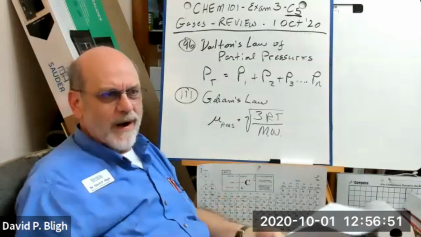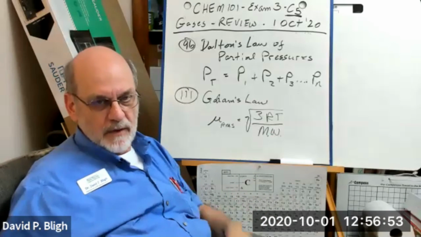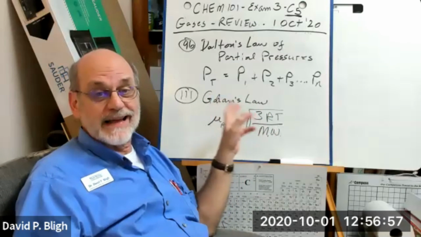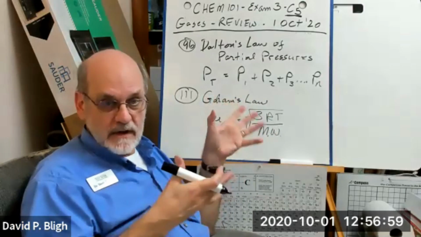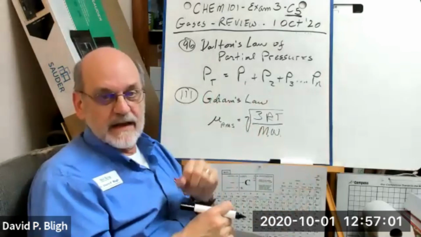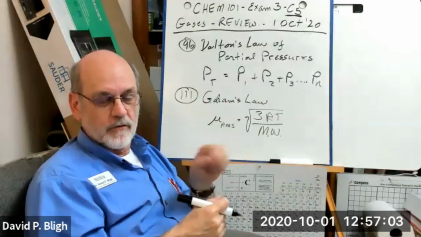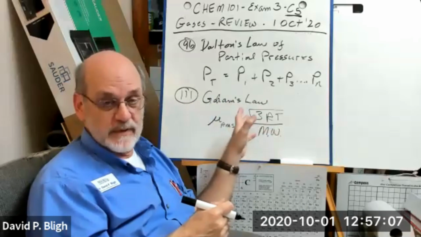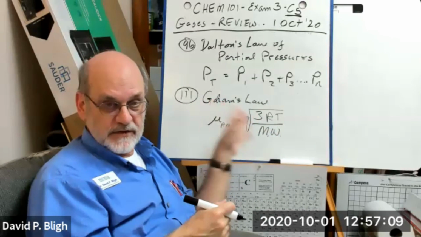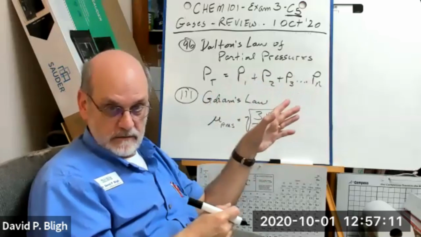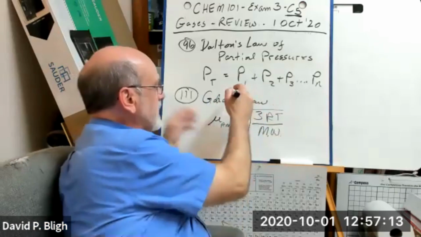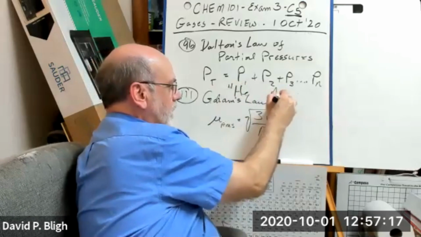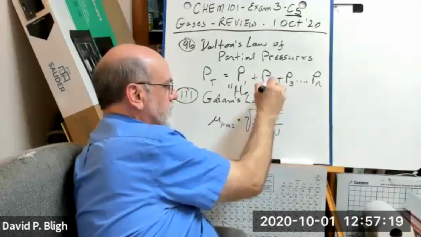And by the way, why is that? Because the temperature represents the average kinetic energy of the molecules in the container. So if we hold the temperature constant, then the kinetic energy has to be the same for both gases, for helium at around 4 and argon at around 40.